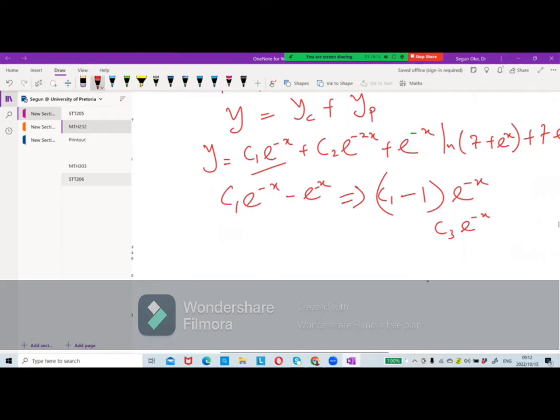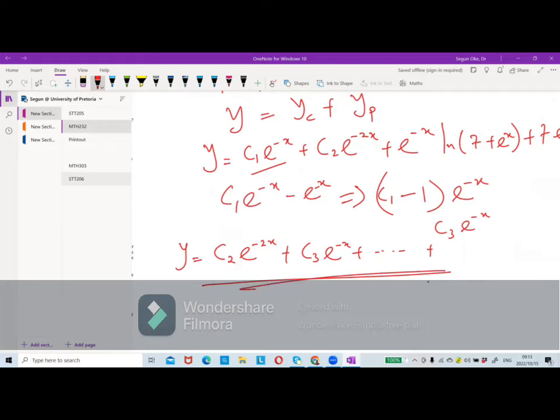So we can write it by saying y equals C2 exponential minus x plus C3 exponential minus x. You can write the final answer. That's your final answer.